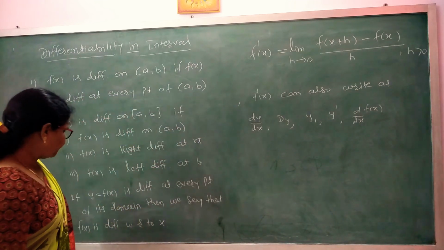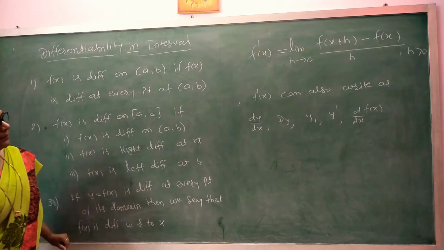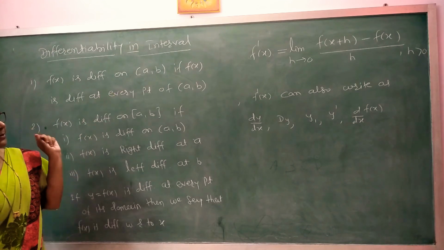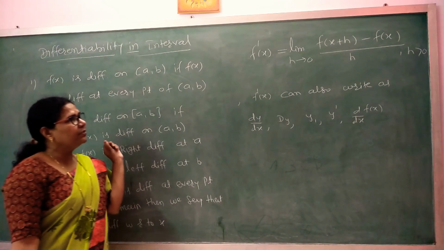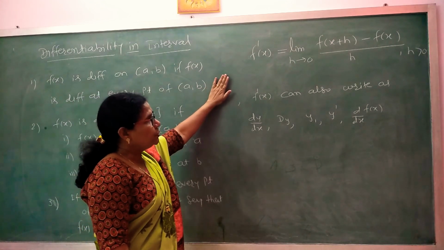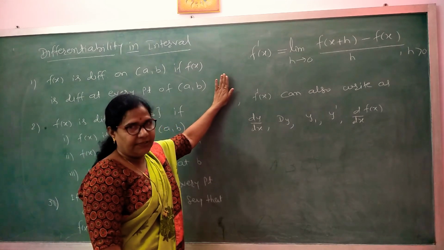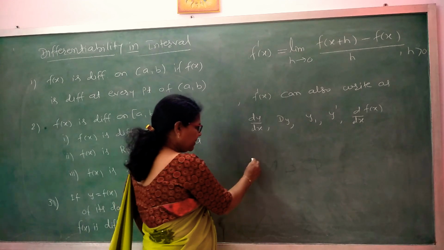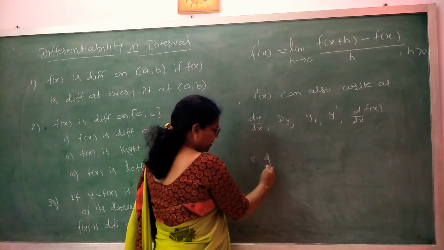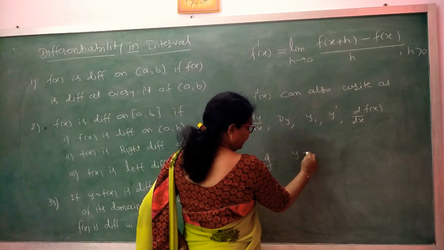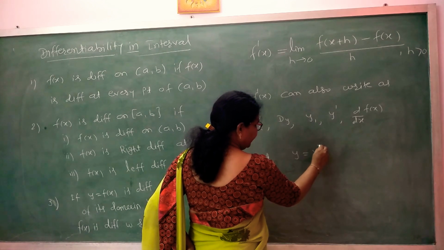Now here, the definition of derivative of the function is used to derive all the formulae of the derivative. We know that, for example, let y equal to x to the power n.